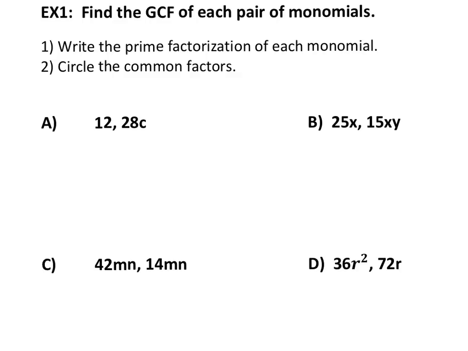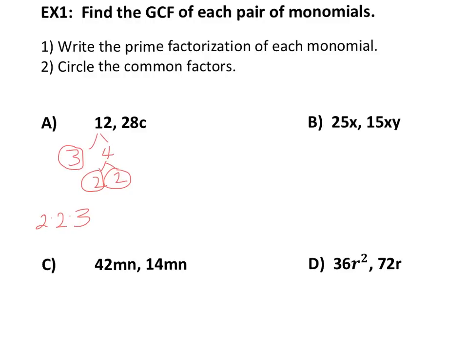So for the number 12, we factor it using prime numbers. We can use 3 and 4, but 3 is a prime number and 4 is not, so we can factor it further to 2 and 2. So now the prime factorization of 12 is 2 times 2 times 3.